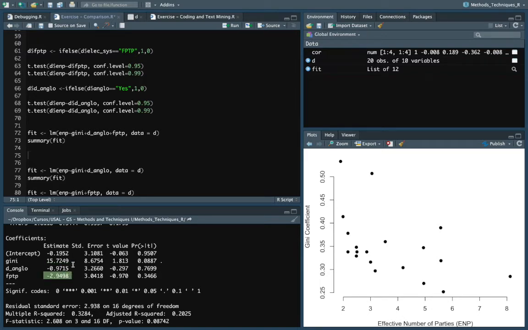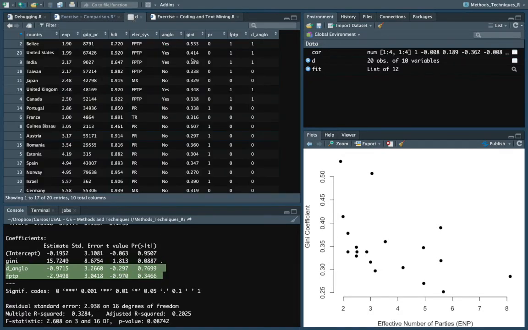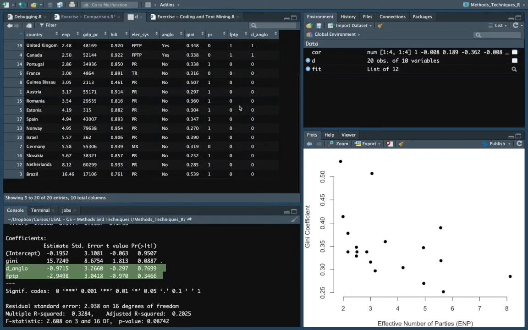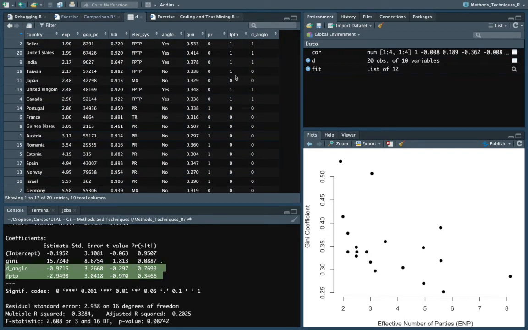The Gini coefficient is not working well. The problem is these two variables are always measuring the same thing. If we look here, when we have first past the post, we almost always have Anglo-Saxon countries. They are almost the same, except for Taiwan, that is first past the post, but is not an Anglo-Saxon country.